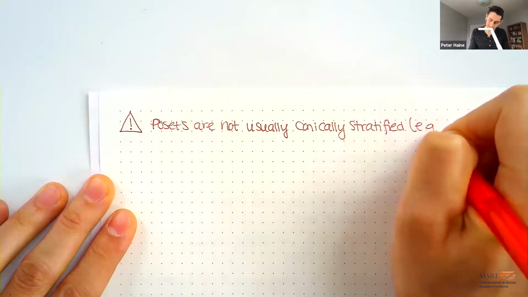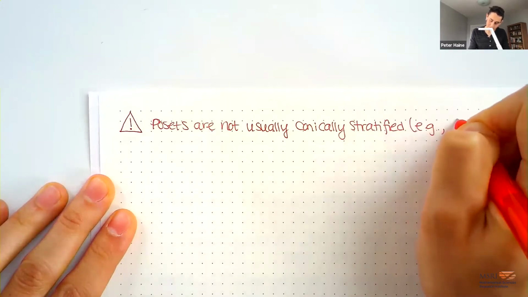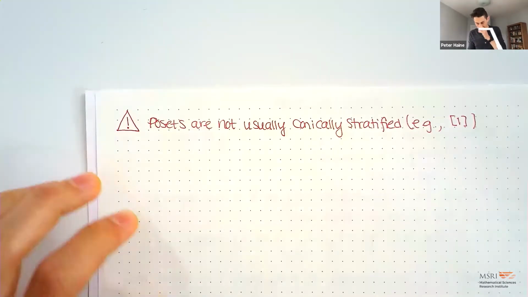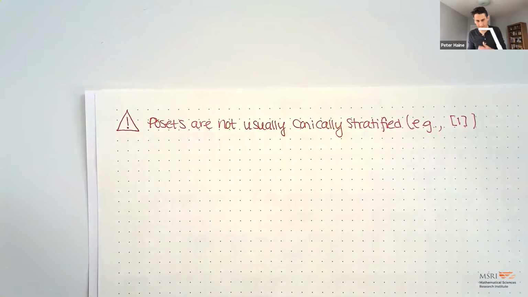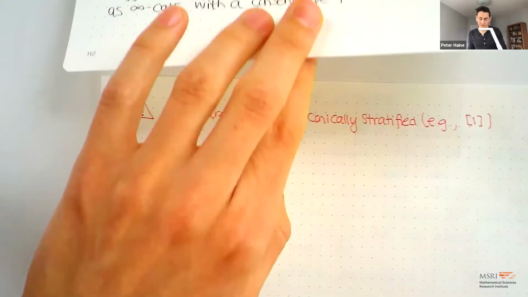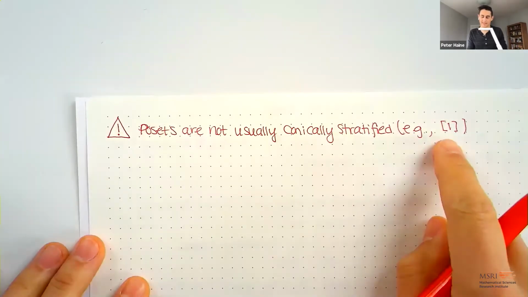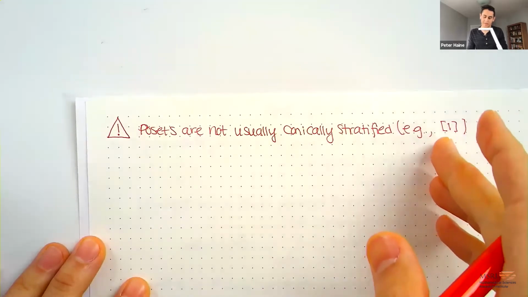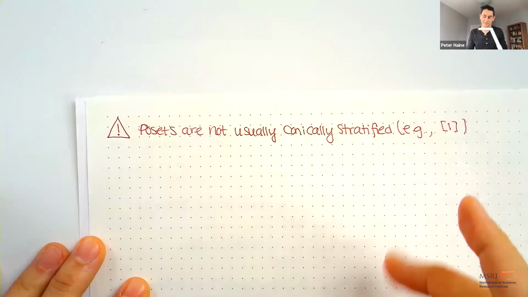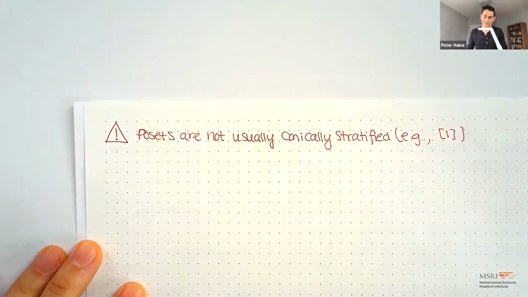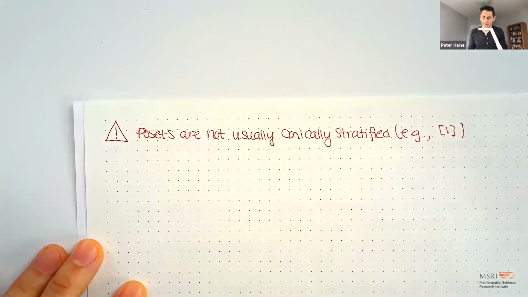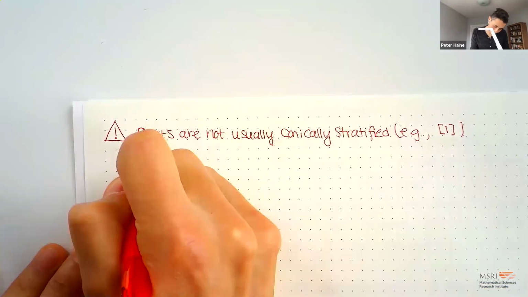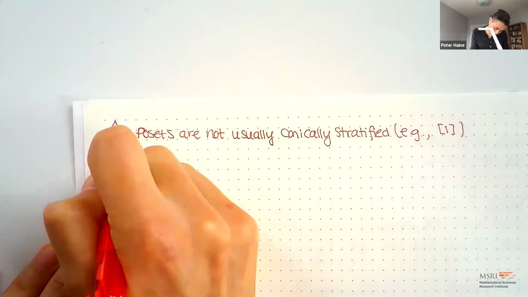The example to look at is just the poset that I write [1], 0 is less than 1. If you look at the condition you need, basically you see that you need to be able to embed a half open interval in the real line into this guy. But you can't do that, it has 2 points. But that's okay. So that's warning 1.